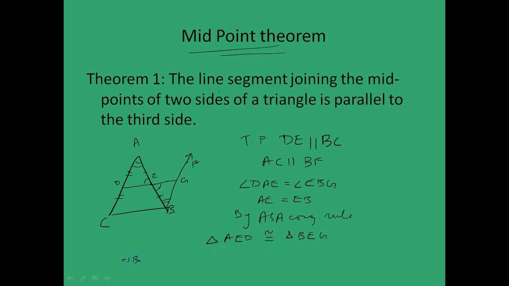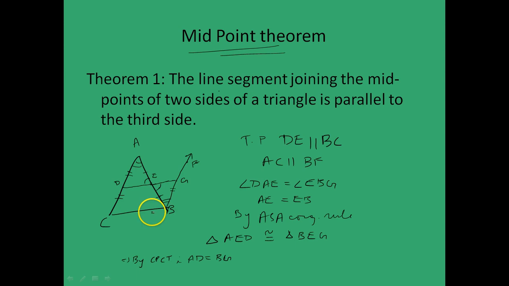This implies by CPCT we get AD is equal to BG.